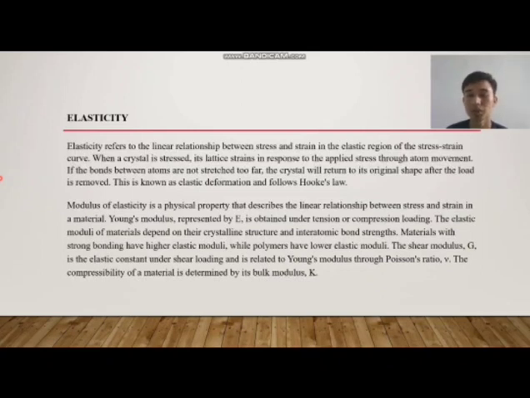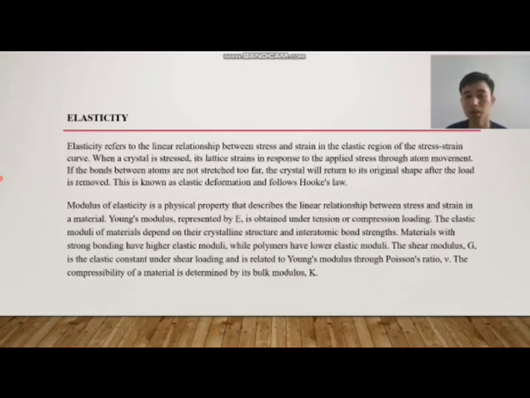Modulus of elasticity is a physical property that describes the linear relationship between stress and strain in a material. Young's modulus, represented by E, is obtained under tension or compression loading. The elastic moduli of materials depend on their crystalline structure and interatomic bond strength.